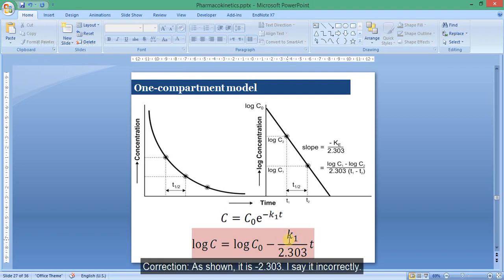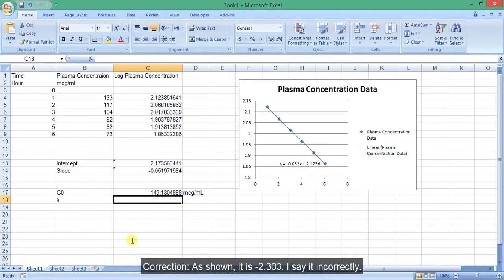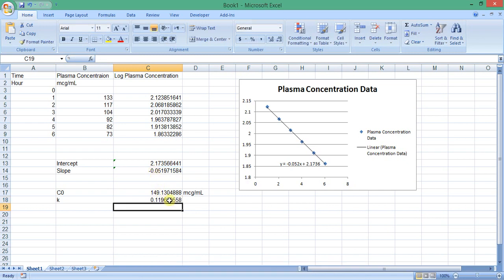So the elimination rate constant equals the slope multiplied by minus 2.303. So we will insert an equation equals slope, select the slope, the multiplication sign, minus 2.303. This is the value of the elimination rate constant.